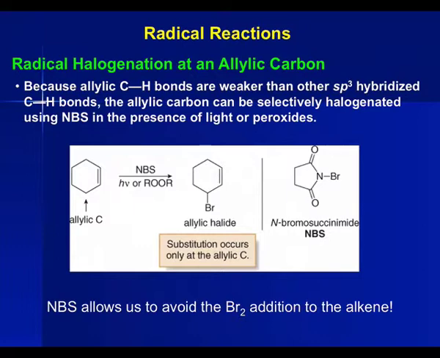Bromine's actually a liquid, but it vaporizes pretty easily, so you do get a lot of vapor. Chlorine's a gas, but bromine is a liquid that puts off a lot of bromine vapor, which is toxic. What were you saying, Bree? That's right, it doesn't add anything to the alkene because we keep the bromine concentration low.